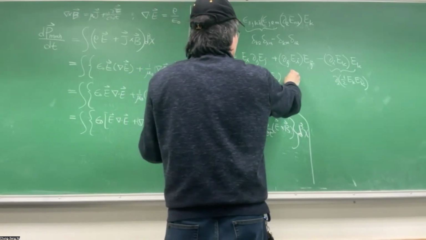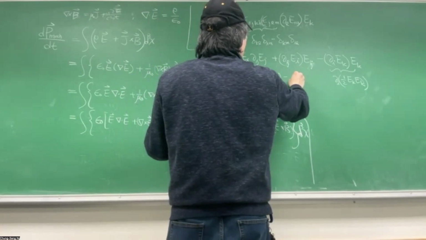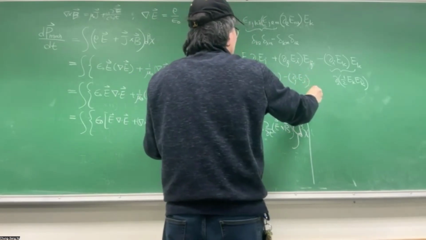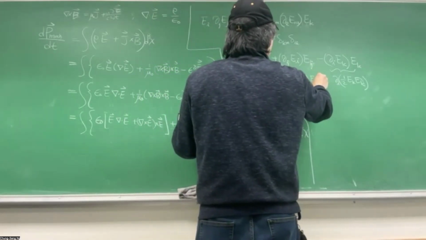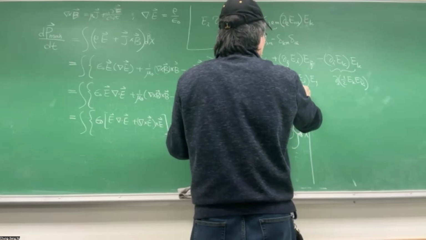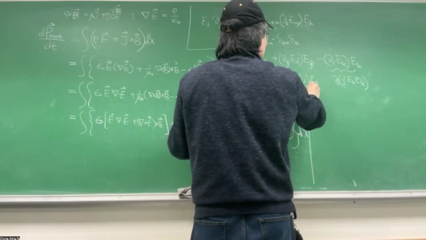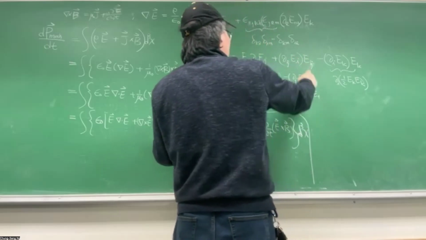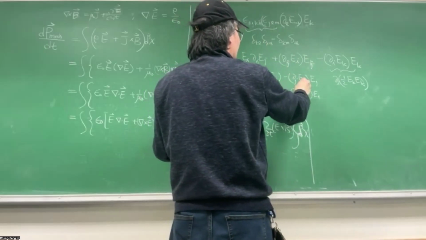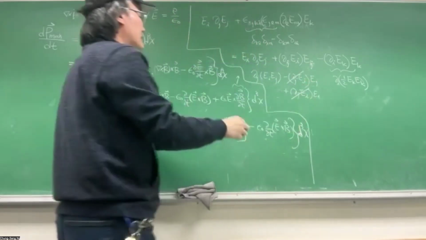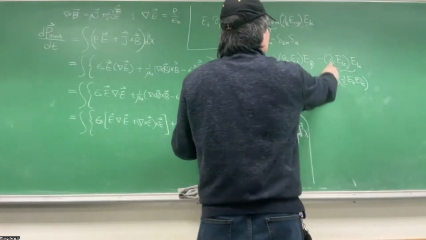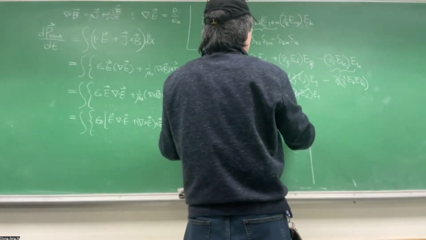So you need to subtract partial j E_i, and then E_j, and then finally add partial j E_i E_j. I add back this term. But now you see that these two terms are the same, one with a negative sign. These two terms cancel, and this is still minus. There's a minus sign here.